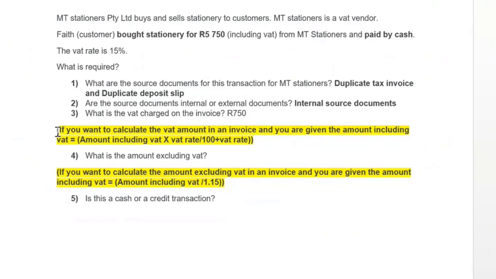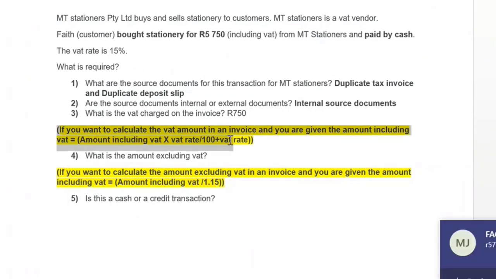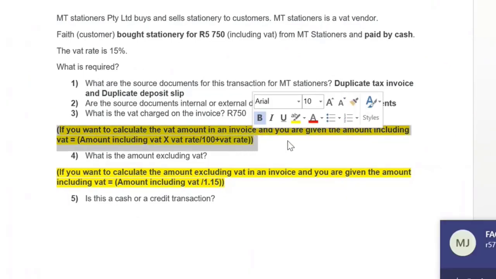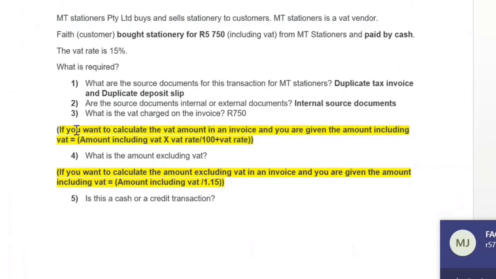Okay, guys, well done. Look at what I've highlighted. This is what it is. If you want to calculate the VAT amount, look at where I've highlighted in yellow.